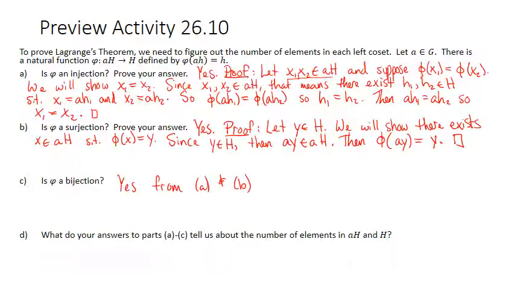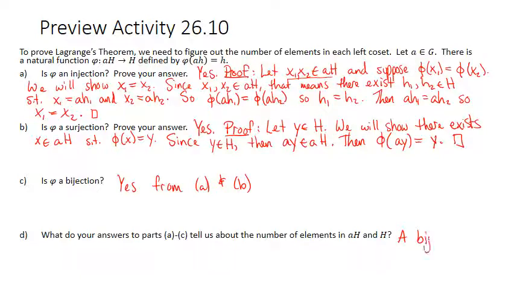Okay, so part D here. Part D is actually what we were trying to be able to get to. So what are our answers to parts A through C? Tell us about the number of elements in AH and the number of elements in H. So I hope that you remember this from your discrete structures class, that whenever there's a bijection between two sets, that means they have the same cardinality.